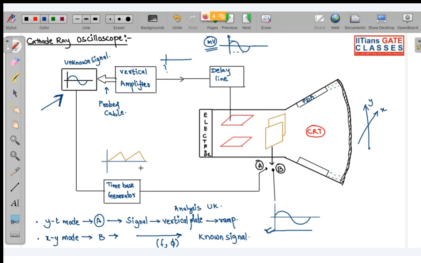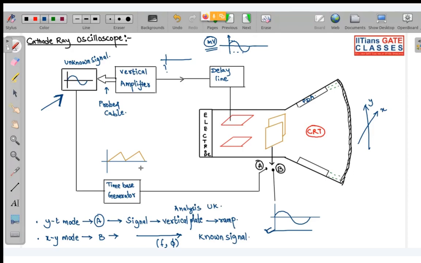The correct option is that the delay line is inserted between vertical amplifier and horizontal plate to maintain synchronization between horizontal and vertical plate.